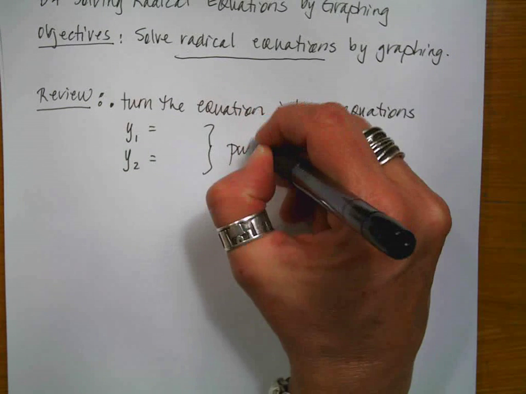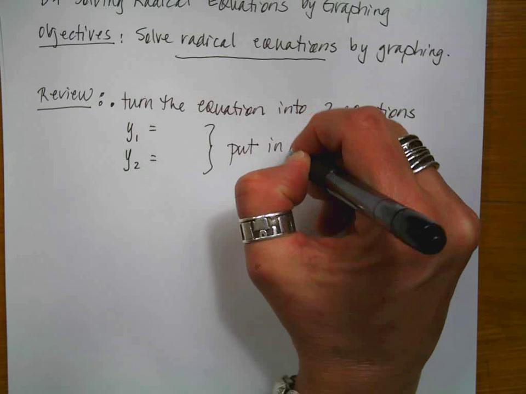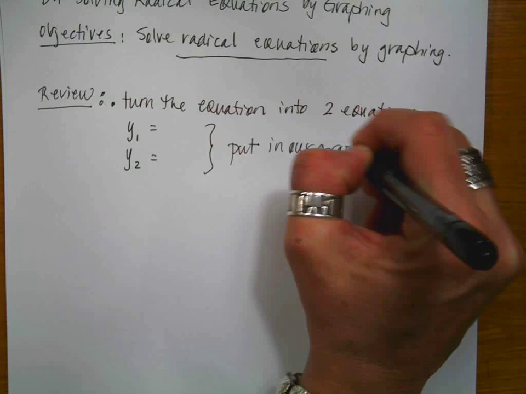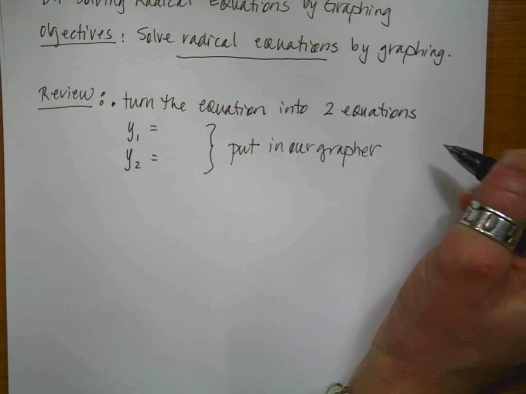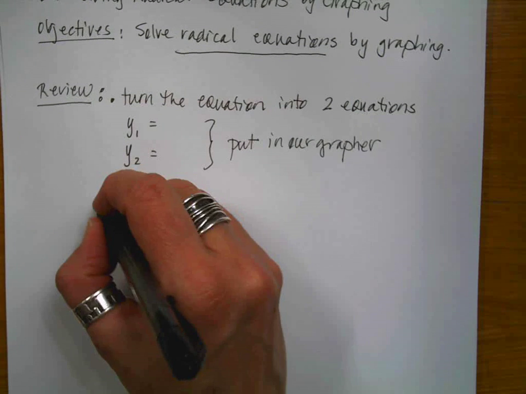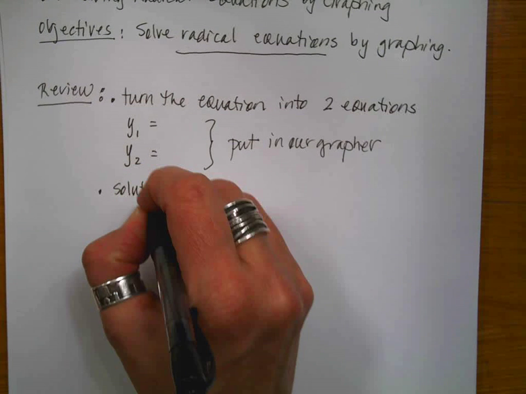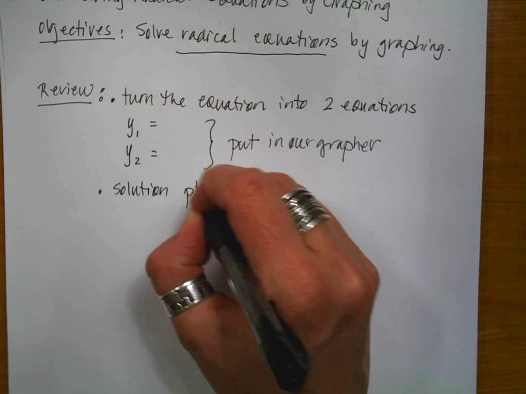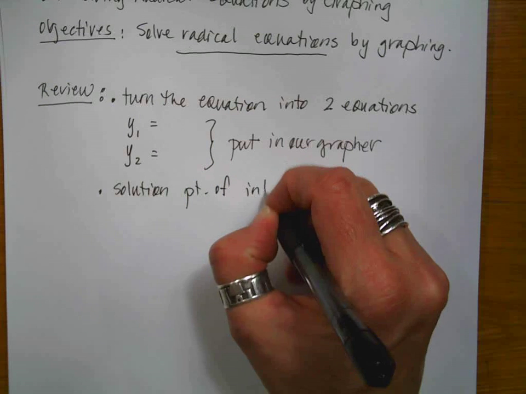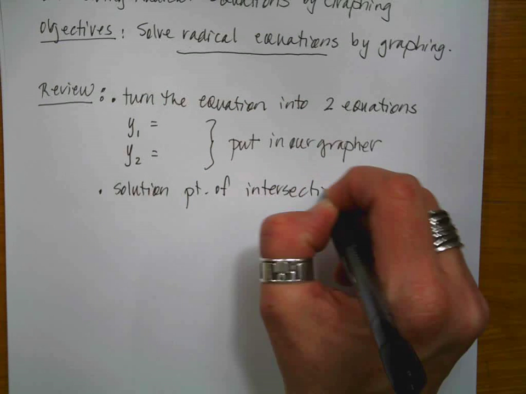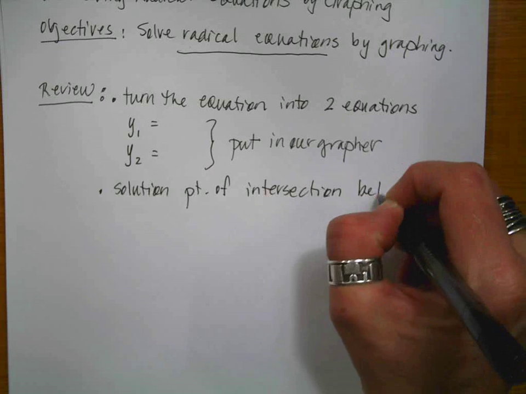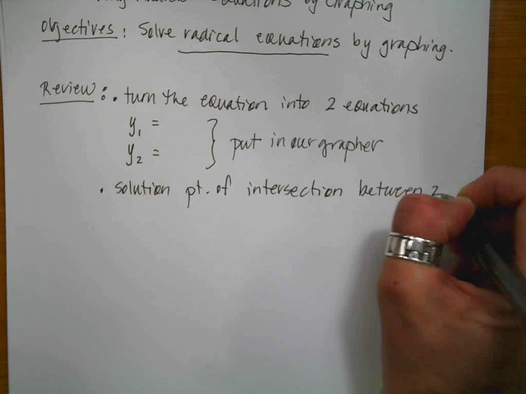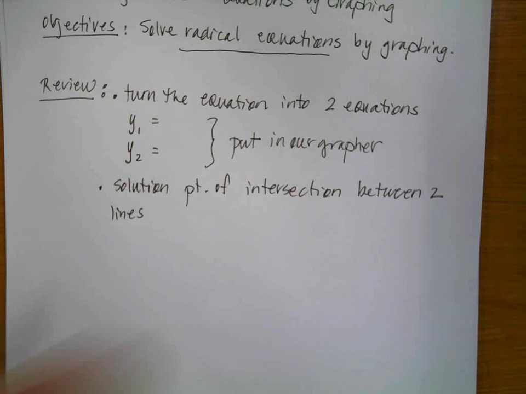So we would put the two equations in our grapher, and since I'm graphing two equations, the solution is the point of intersection between the two lines. And they could be curves, but we're going to call them lines for right now.